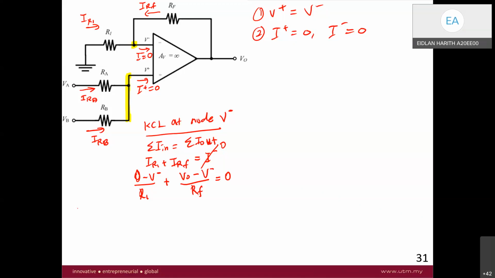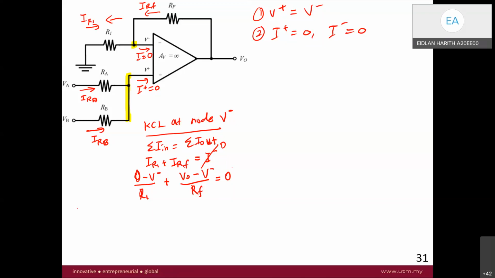One more time, Edlan. IR1 is at some of I in, right? Why does its direction not go to the ground? Because at the non-inverting, its direction goes to ground, R1.